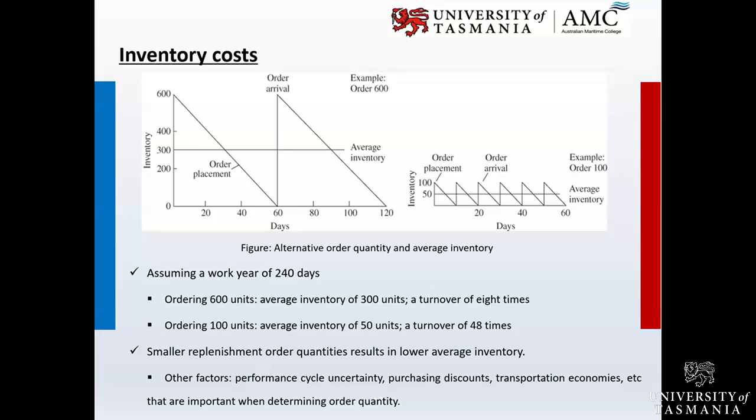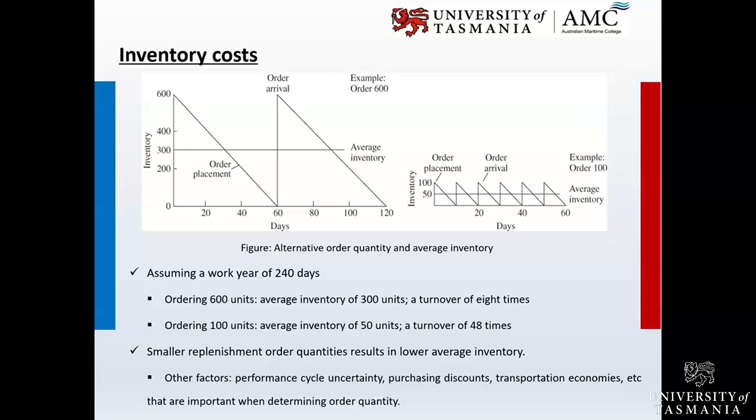So the total sales in this example is 2400, and the average inventory is 50 units. So 2400 divided by 50 equals 48.